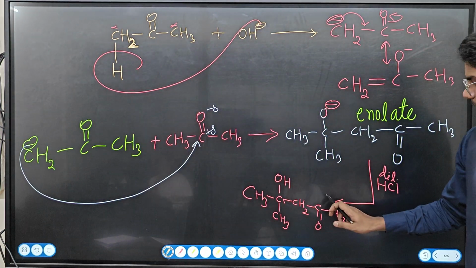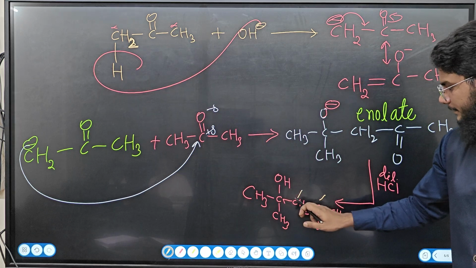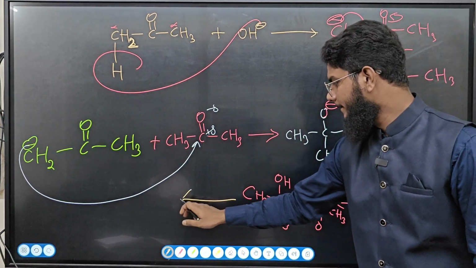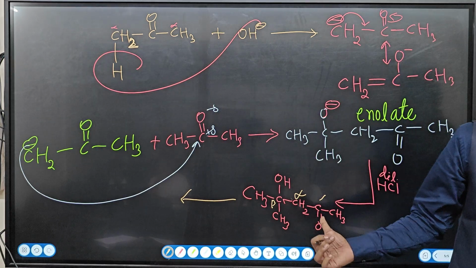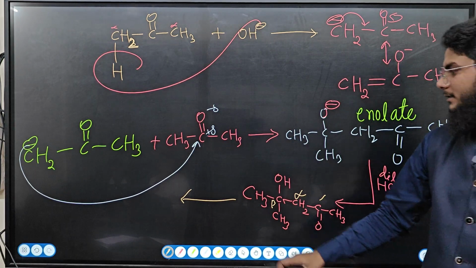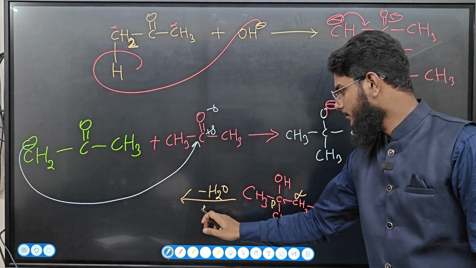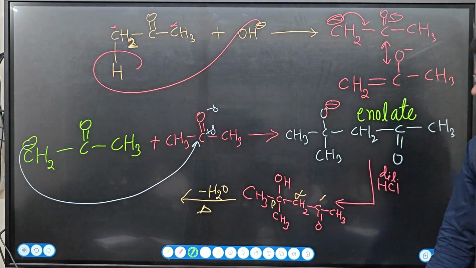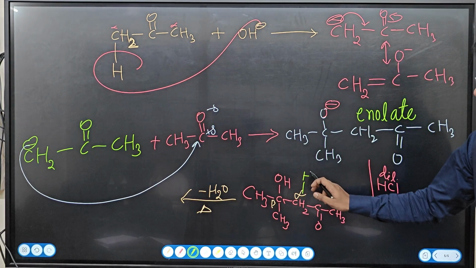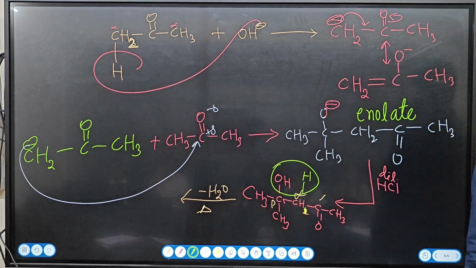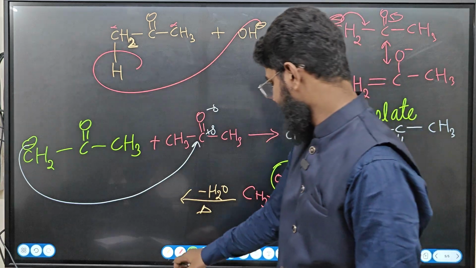Is there any possibility that you can remove water in this case? So this is your alpha and this is beta. Is there any possibility? Yes. So remove water. There is alpha hydrogen here. Remove the water. What will be the final product?